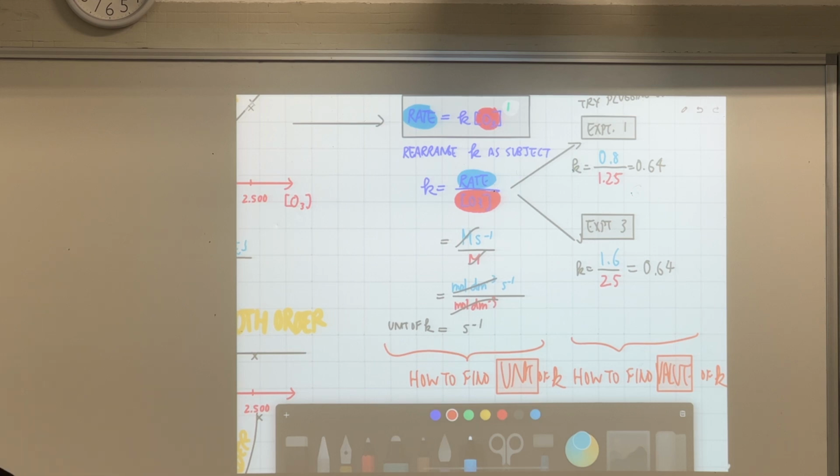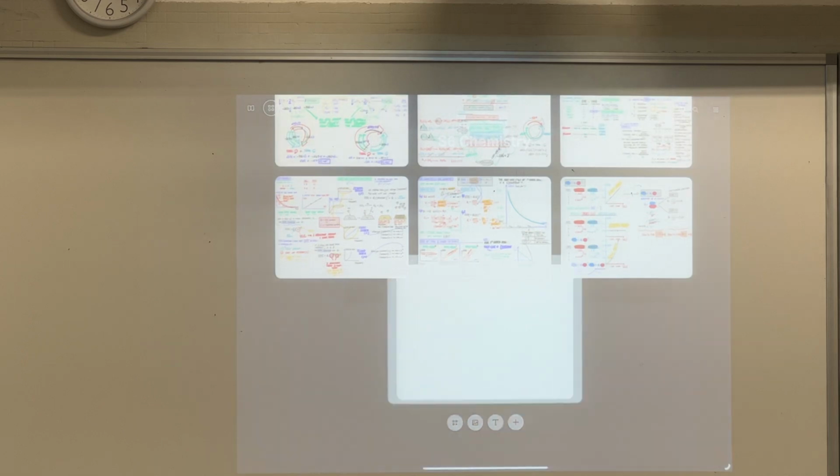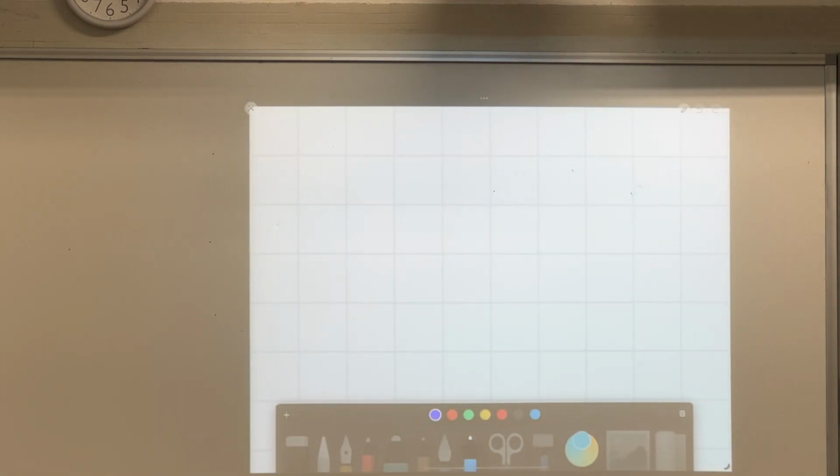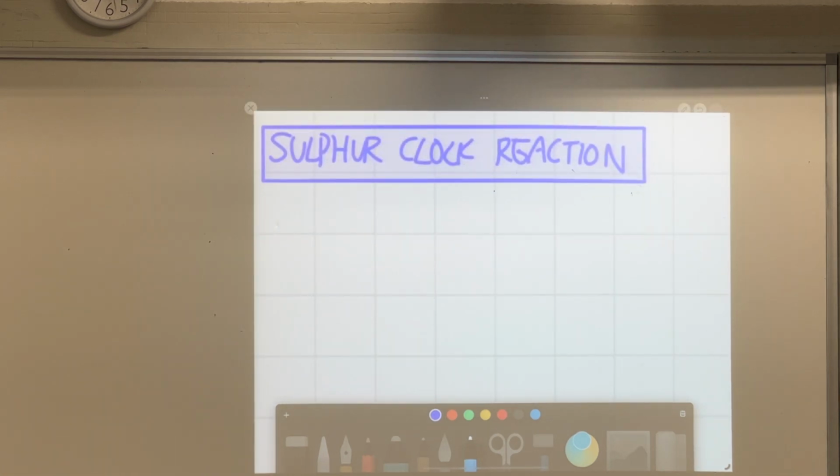Let me describe this experiment to you. So how we find order of reaction in the sulfur clock reaction, and then the harder to understand iodine clock on the right-hand side. I know now you have a big question mark in your head. What is a clock reaction? What does it mean?